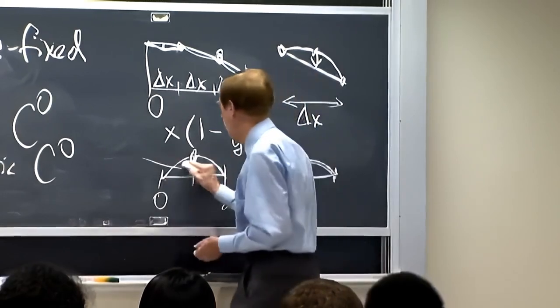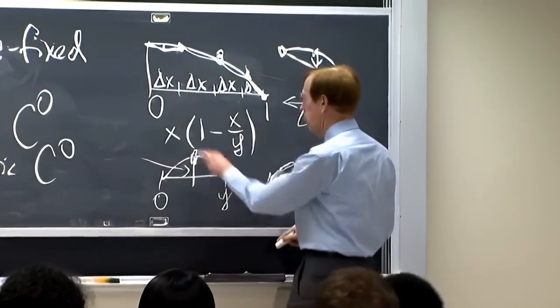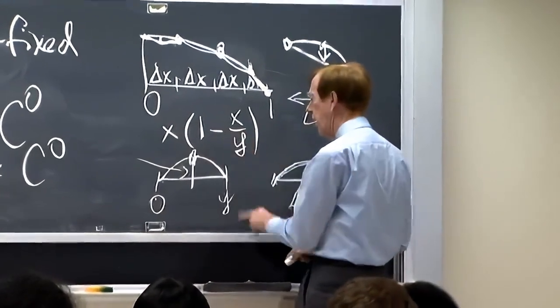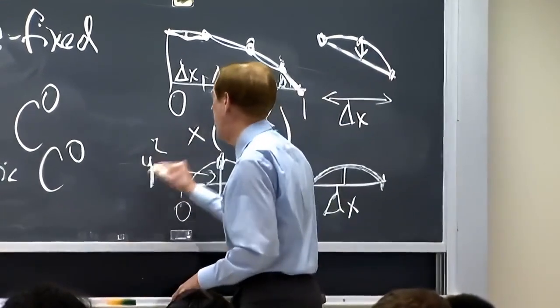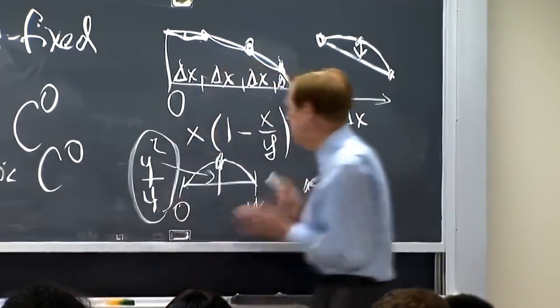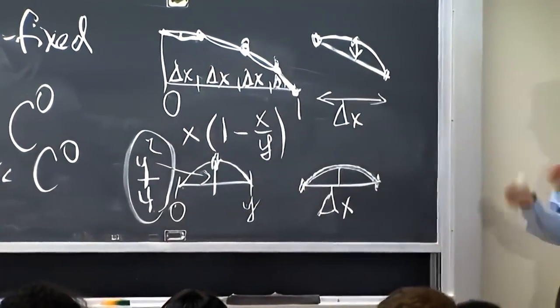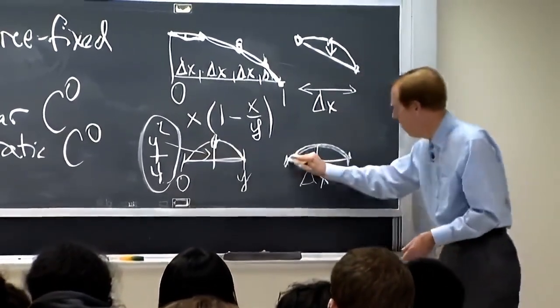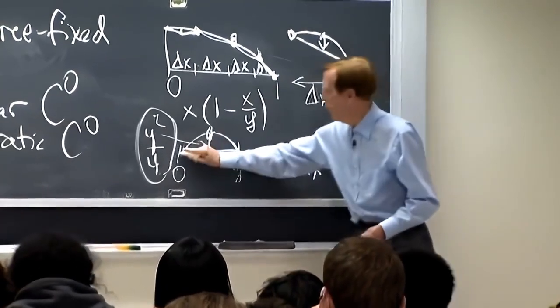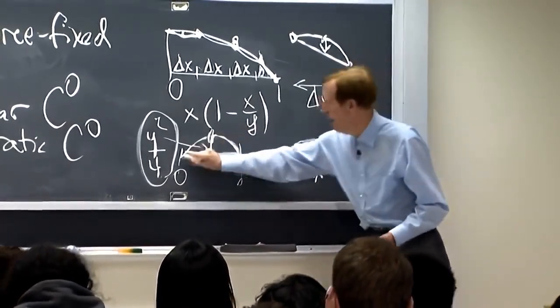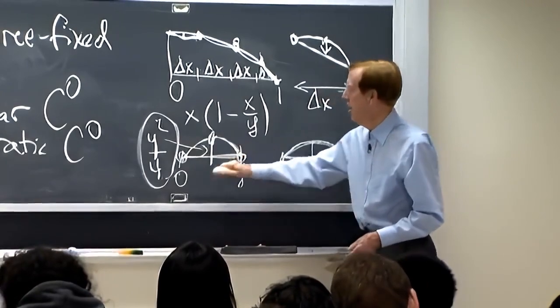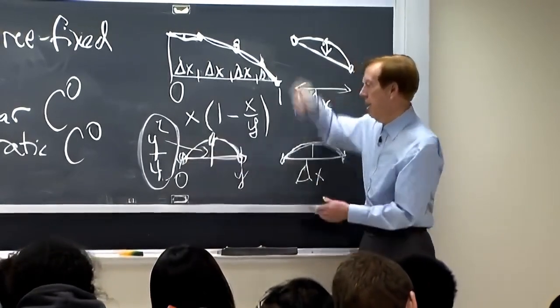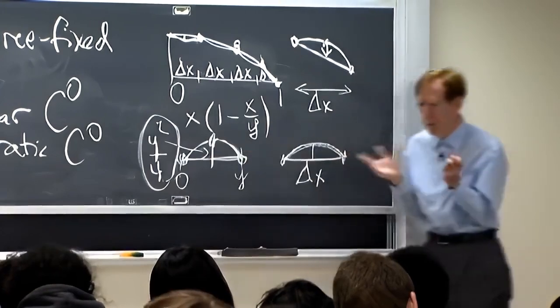And what is that height? At y over 2, this is y over 2, this is y over 2. That height is y squared over 4. That's what I was shooting for, the square. In a little interval of length y, or length delta x, if I draw a little parabola and I'm matching at the ends, then the height it reaches is like y squared.